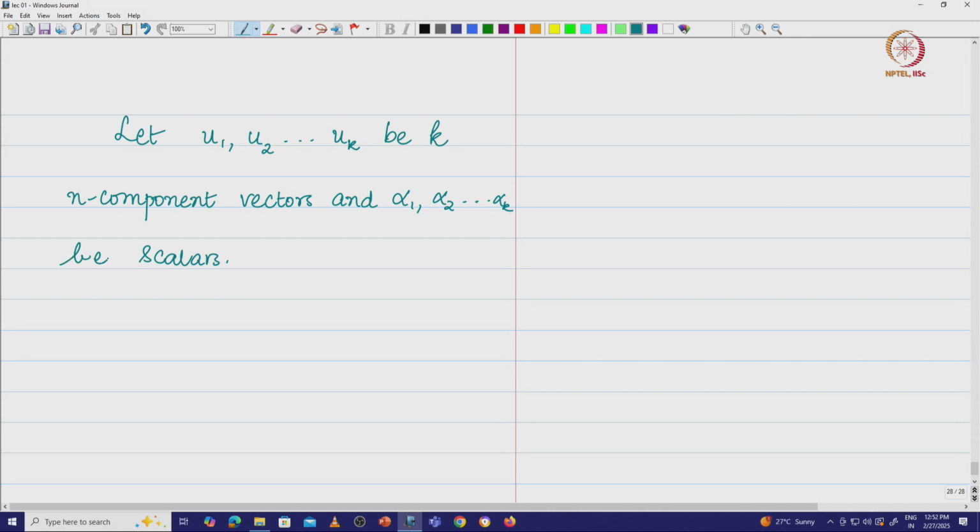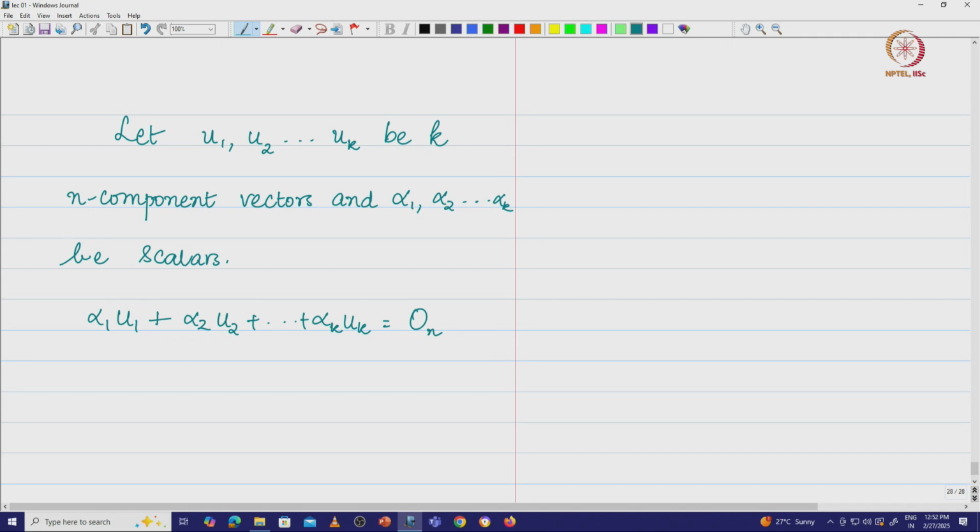Then I am going to look at the linear combination alpha 1 u1 plus alpha 2 u2 plus etc. alpha k uk is equal to the 0 vector, an n component vector. I will write this as 0 n.